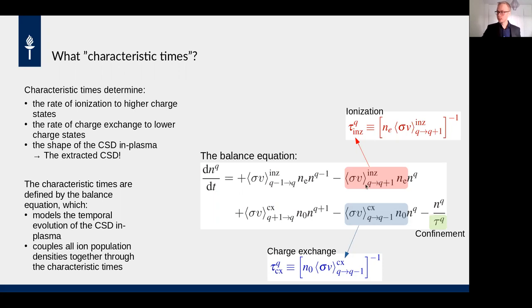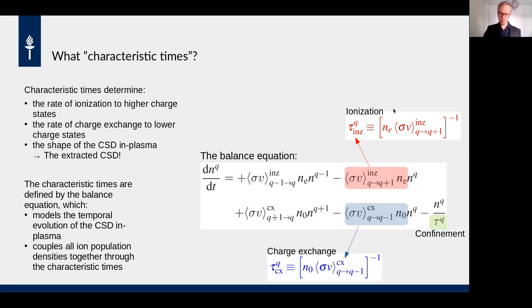The rate at which ionization produces higher charge state ions depends on the electron density and the ionization rate coefficient, which itself depends on the electron energy distribution, or EED. The characteristic time of ionization can be identified as the inverse of the ionization rate.